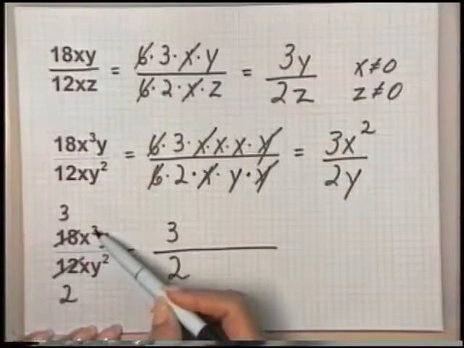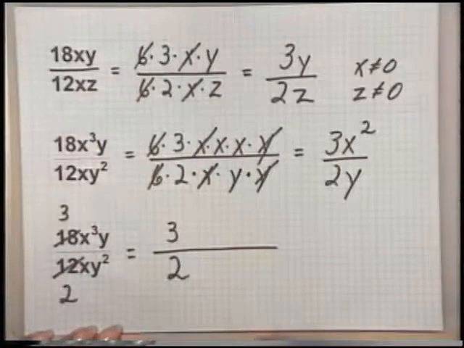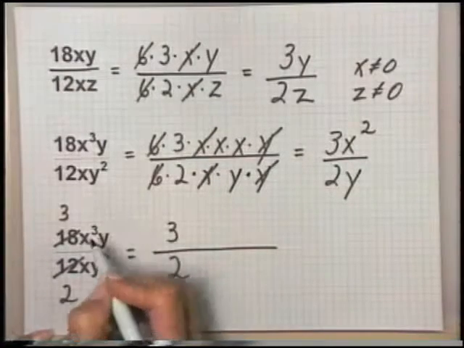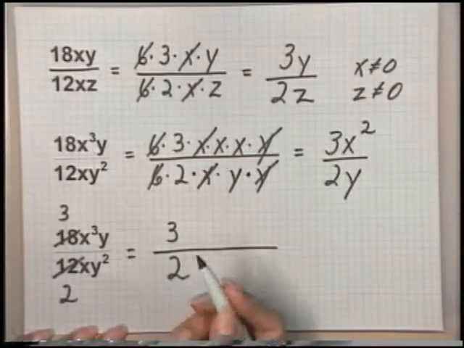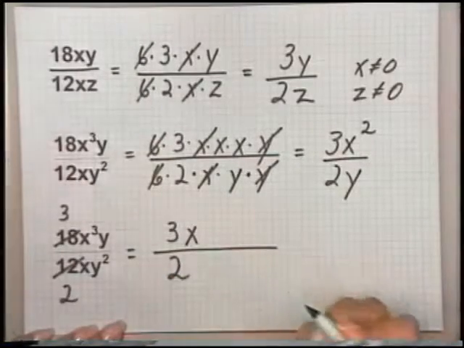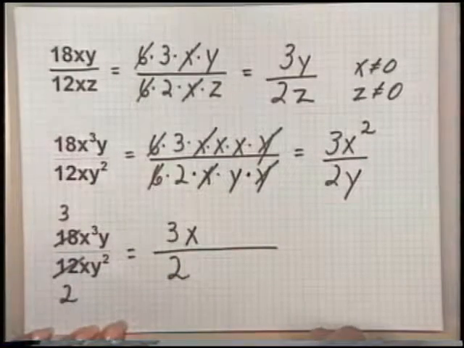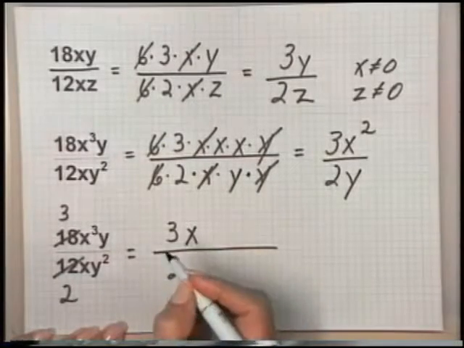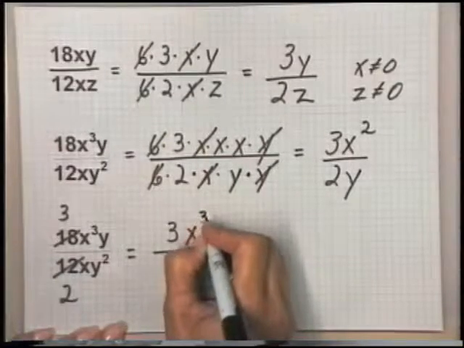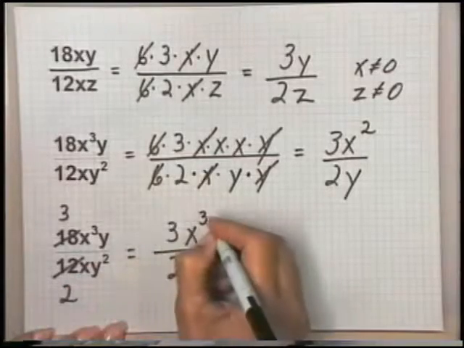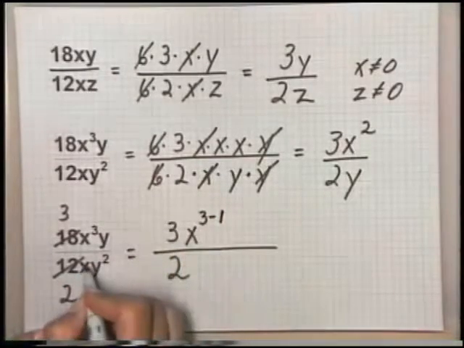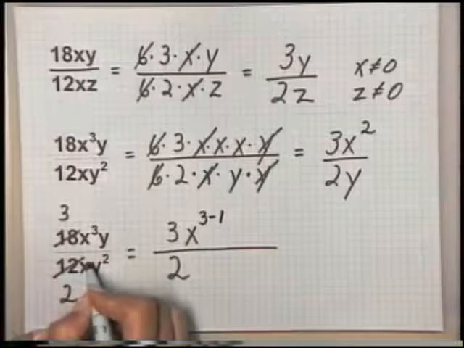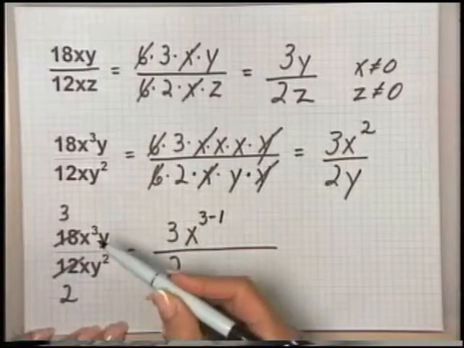Since I have a factor of x cubed in the numerator and a factor of x in the denominator, I know I have more factors of x in the numerator, so my factor of x stays in the numerator, and using my exponent laws for dividing like bases, I can say that my power will be the 3 subtract the power of my x factor in the denominator, which is 1.